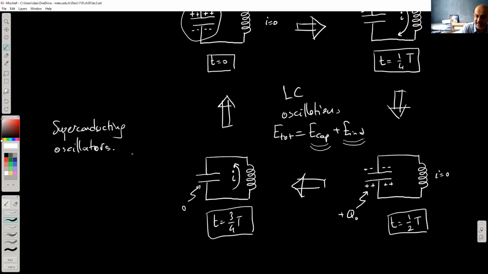But because every circuit has an inductance, and if there are two conductors nearby, they act like capacitors, you can construct an LC circuit from superconductors. So the modern qubits that, for example, IBM is using, right? It's not just IBM. Lots of companies are producing these superconducting qubits. They're based on these kinds of oscillators.